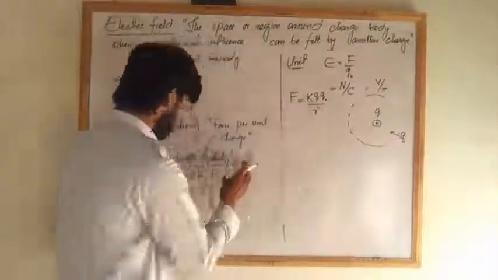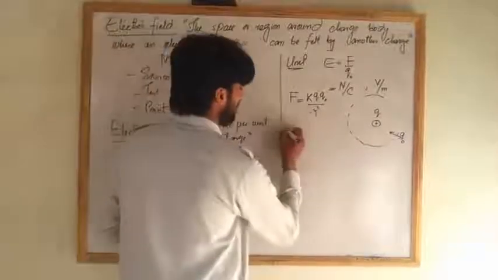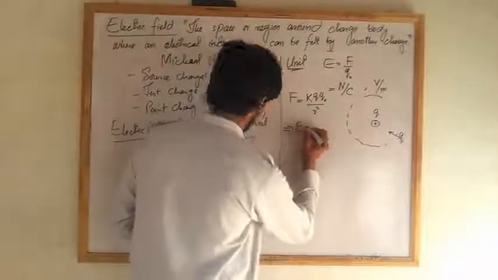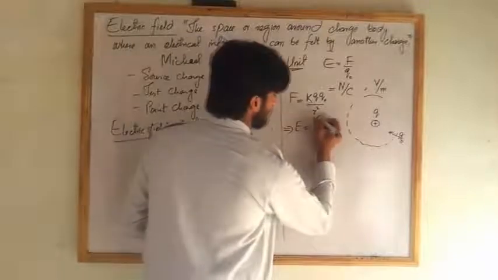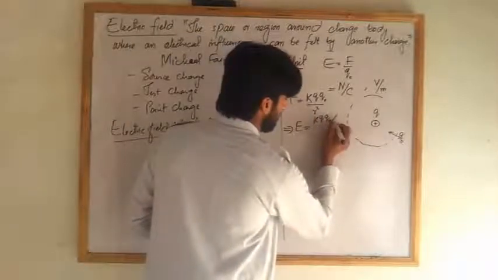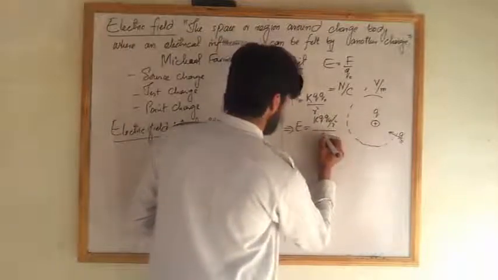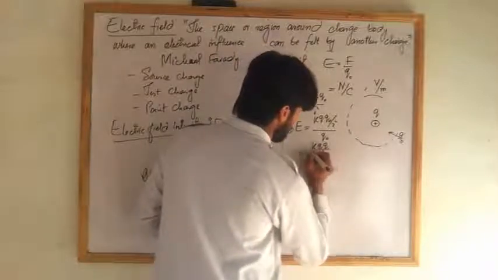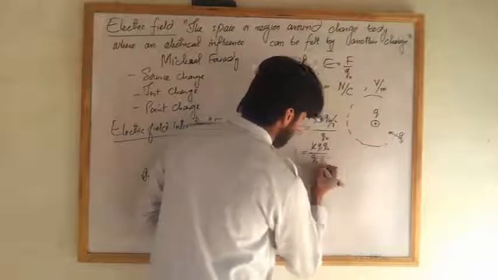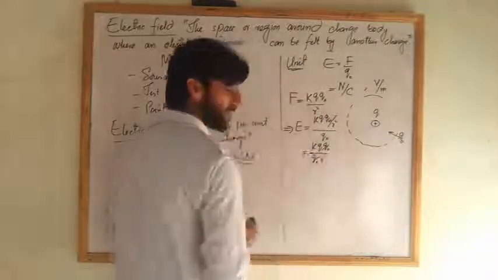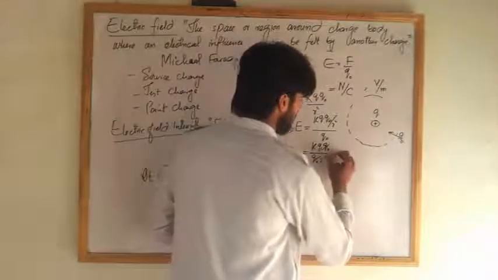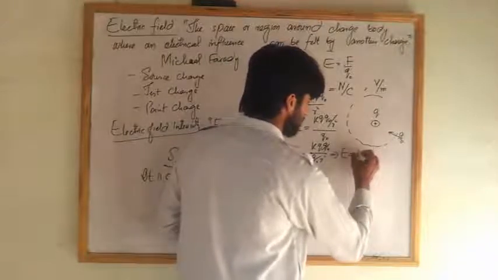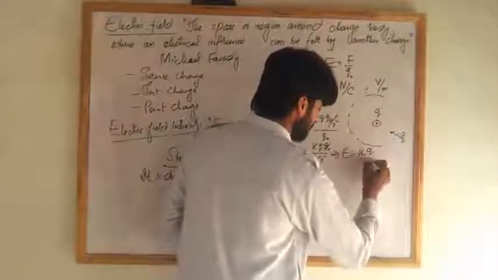By putting these values in the formula, we have another formula: E is equal to F over Q naught, that is K Q Q naught divided by R square, divided by Q naught. By rearranging, the Q naught and Q naught cancel each other, and we have another relation, that is E is equal to K Q divided by R square.